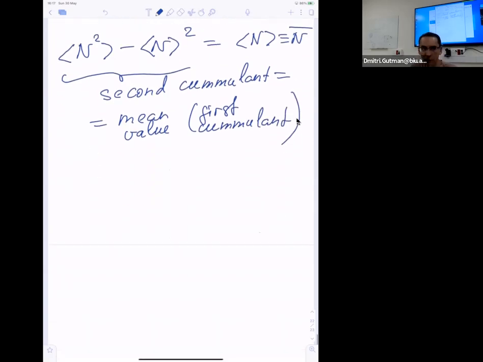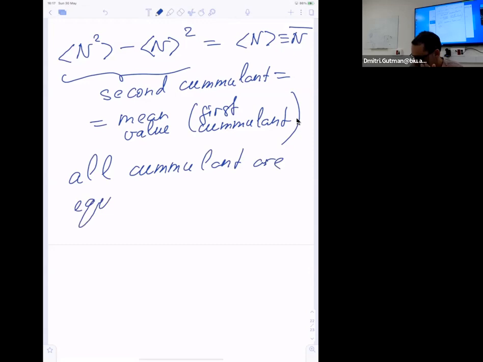And what you can show if you play with this thing, is that for Poissonian processes, all cumulants are equal to the first one.